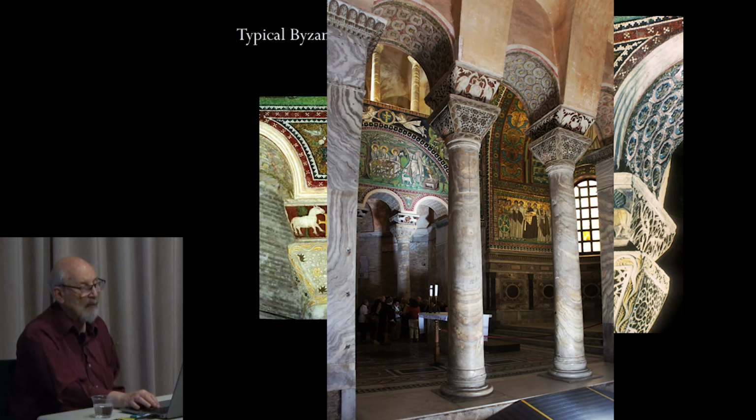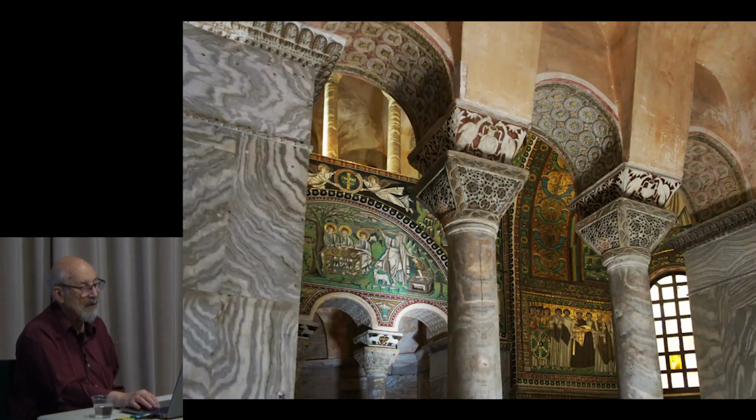In San Vitale, we're constantly looking through from one area to another. Here we are standing in front of the altar, and we look from one side across the space that the altar is in to frescoes or mosaics on the other side.